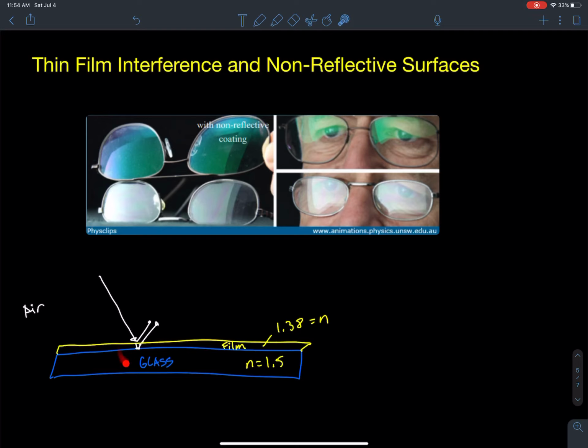This is where I'm going to have thin film interference occurring. The question would ask, what would the thickness of this layer be? So T is unknown, such that it cancels 680 nanometer light.